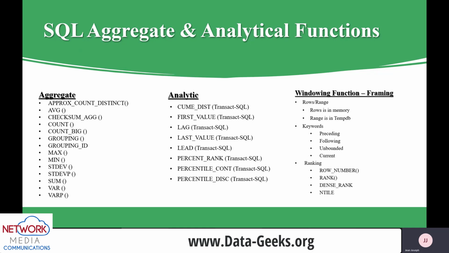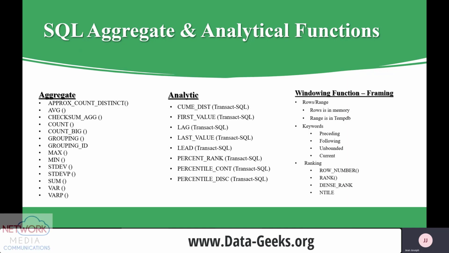And then when it comes to windowing functions, one thing I want to remind you is that the default is in tempdb, and you may even get wrong data when you use range. Range is the default. There's a penalty, which is performance, right? It would be best if you can explicitly mention rows, which is in memory.